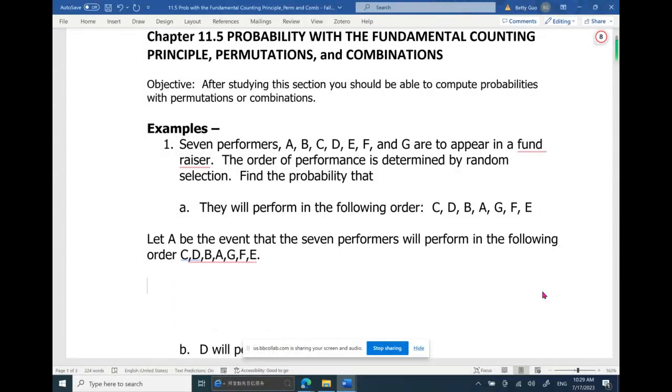Basically we use A to represent the event in part A. Then P of A, under such a theoretical probability model, can be found by using a fraction.